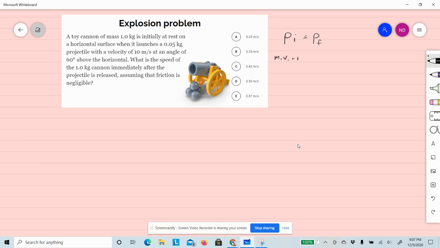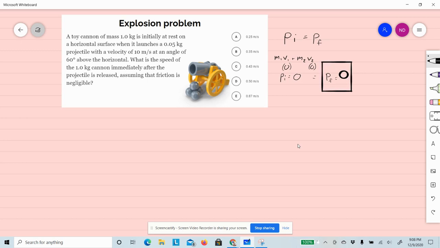You've got the cannonball, M2, V2. They are both at rest. So the initial momentum is 0. It's not moving, which means after the explosion, the final momentum has got to equal 0.